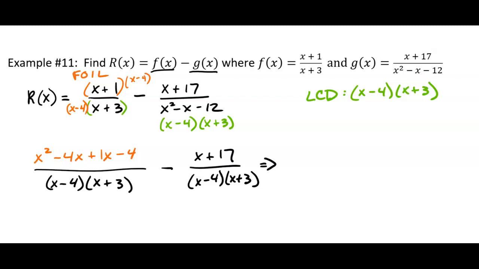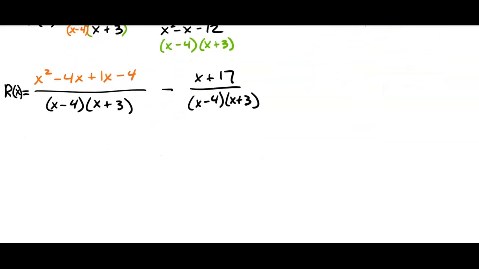Now, oh, you know what? This is an equation, so I'm going to erase my fancy little arrow there. You could do that and it probably wouldn't cause too many problems, but I'm going to put the r of x equals this because that's what we're trying to find, is r of x.